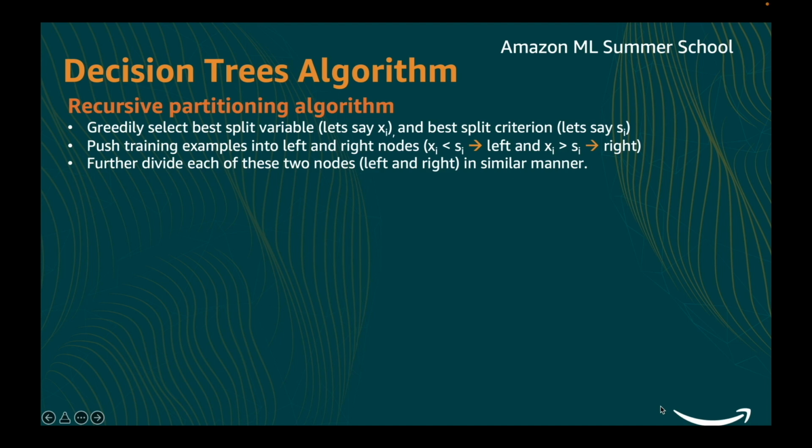If for a particular training example the value of the attribute x1 is less than s1, then it goes to the left, otherwise it goes into the right node, right? So now we've taken our population and split it into two parts. Then for each of those parts, we do the same thing with the remaining attributes. That way we continuously and recursively build our tree. So it's a greedy divide and conquer algorithm.